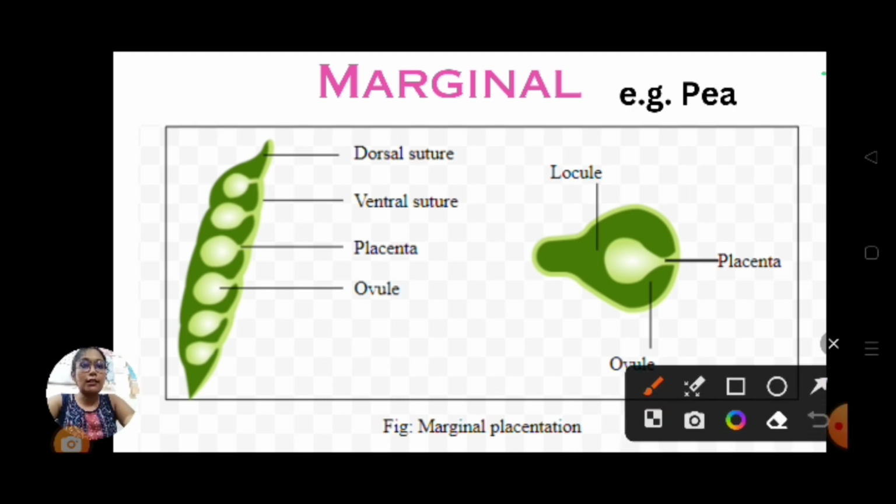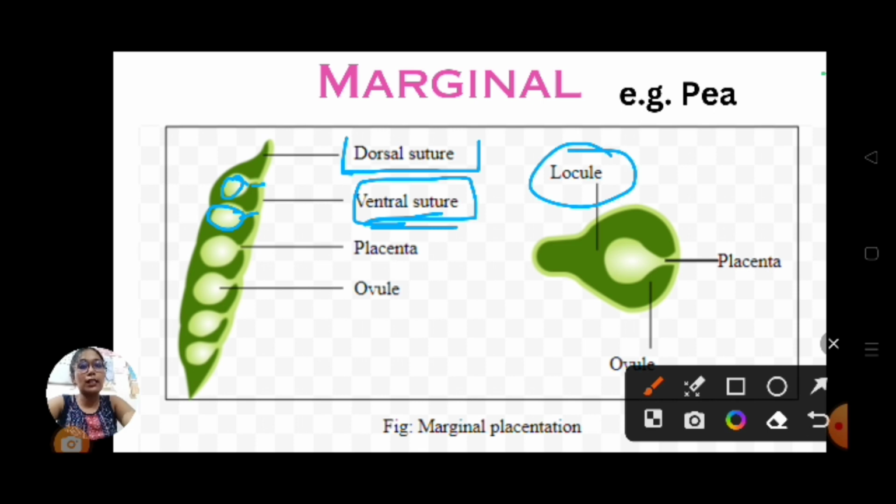So see. First the ventral suture we have talked about. The margin is within the ventral suture, means the outer part of the pod. Pod is the pea. So the margin is attached to the ventral suture, means towards the outer side. Then here the peas are attached to it. And the inside part is the dorsal suture, and it is a single locule.